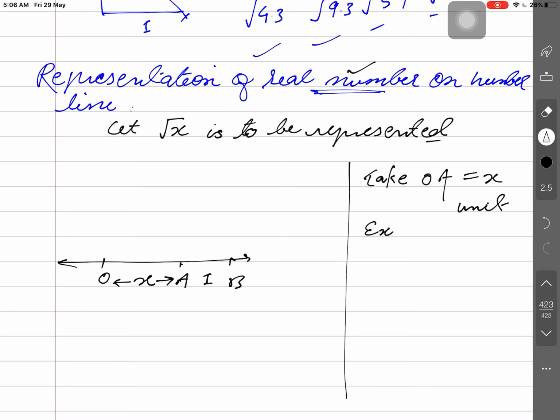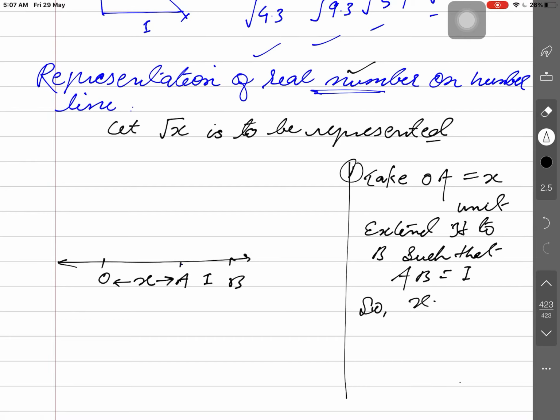Extend it to B such that AB is equal to 1, that is the unit. This is step 1. And step 2: it becomes now x plus 1. X plus 1 becomes OB.